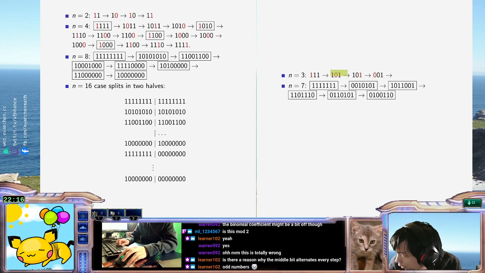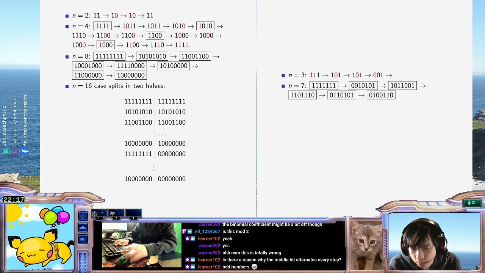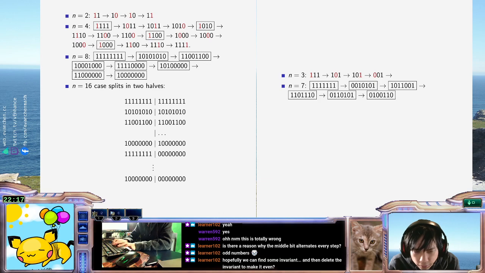Wait, is this example right? No, yeah, that's correct. But this doesn't look good.